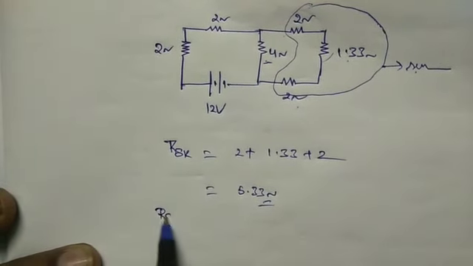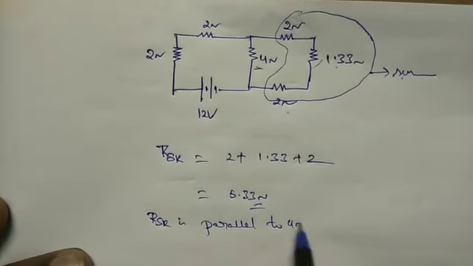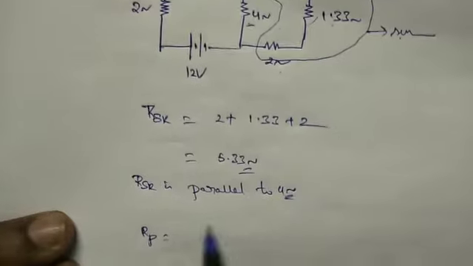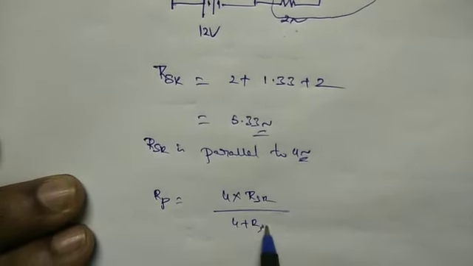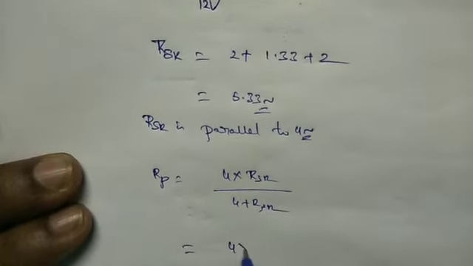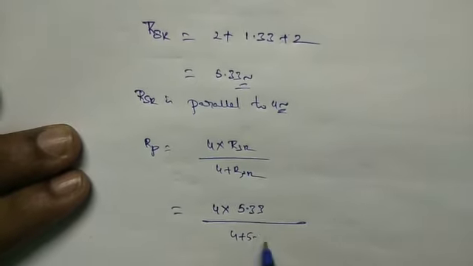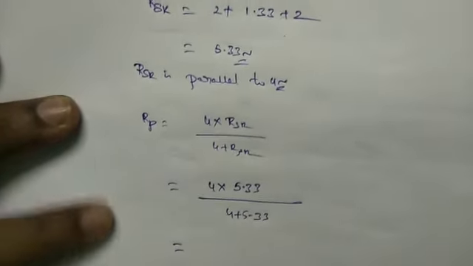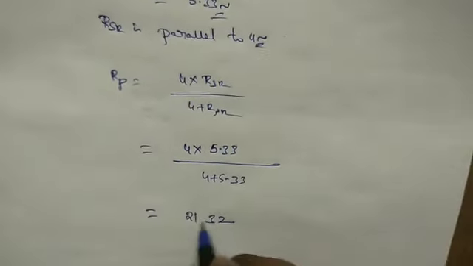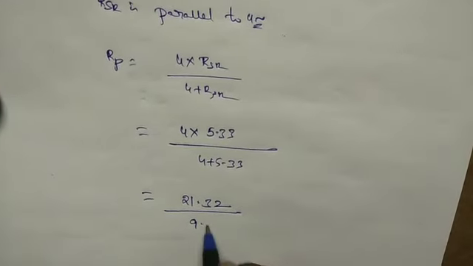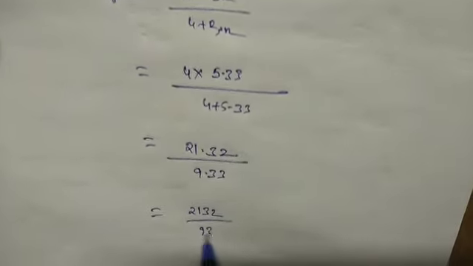So RP is equal to 4 into RSR by 4 plus RSR, that is equal to 4 into 5.33 by 4 plus 5.33. So 21.32 by 9.33. You can regard it as 2132 by 933.